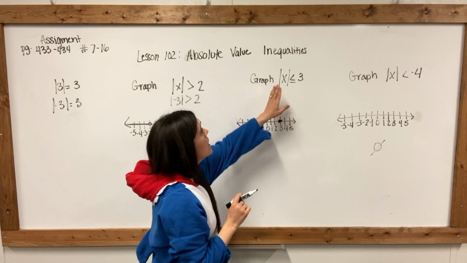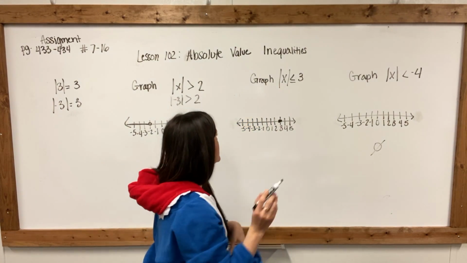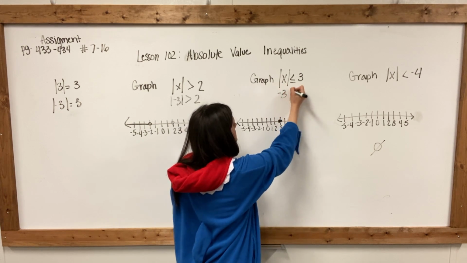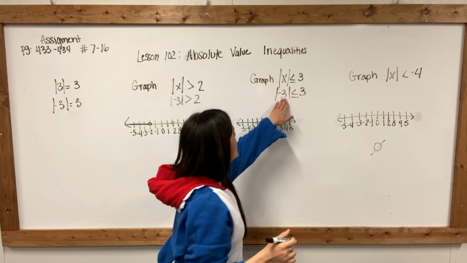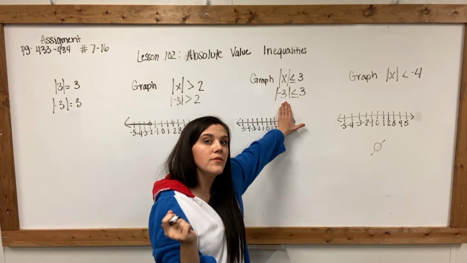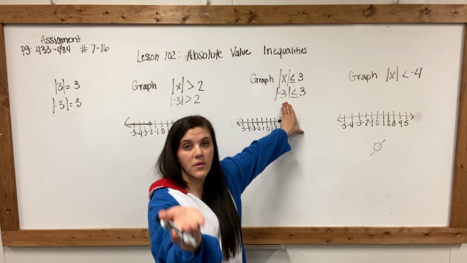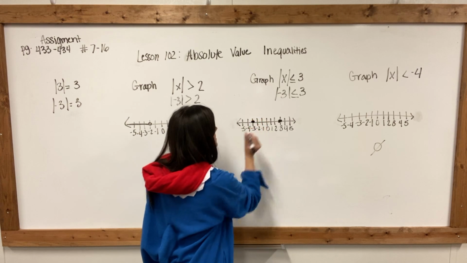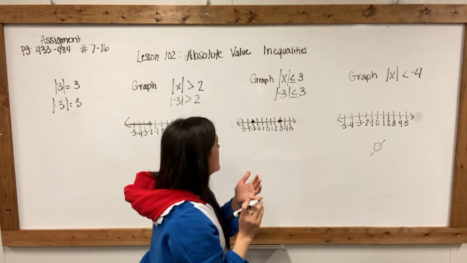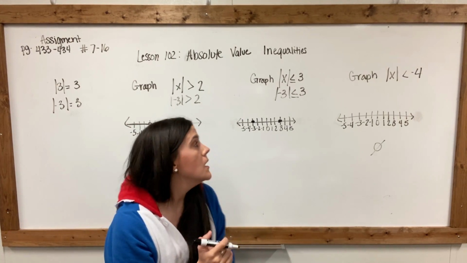But think about if this was a -3. Okay, -3, the absolute value of -3 would also be 3. So I'm going to put another circle on that, and it needs to be filled in because it's still equal to, okay?